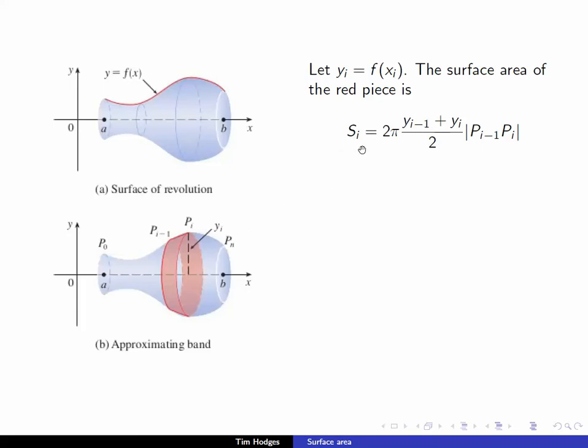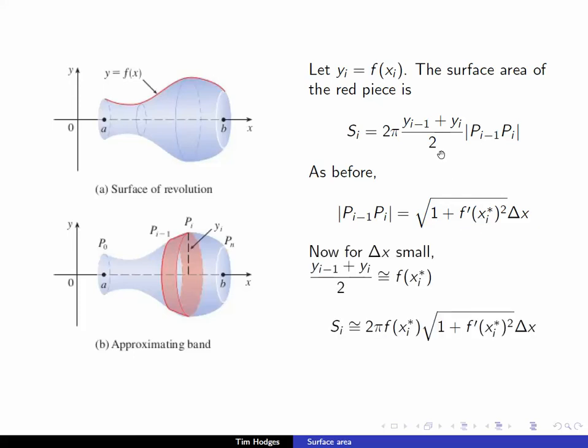So our formula from the previous page tells us that the surface area of this red band will be 2 pi, the average of these two y values, times the length of this line joining P i minus 1 to P i. Now, in our discussion of arc length, we decided that there was an x i star between x i minus 1 and x i in that little subinterval, such that this length was equal to root 1 plus f prime x i star squared times delta x.